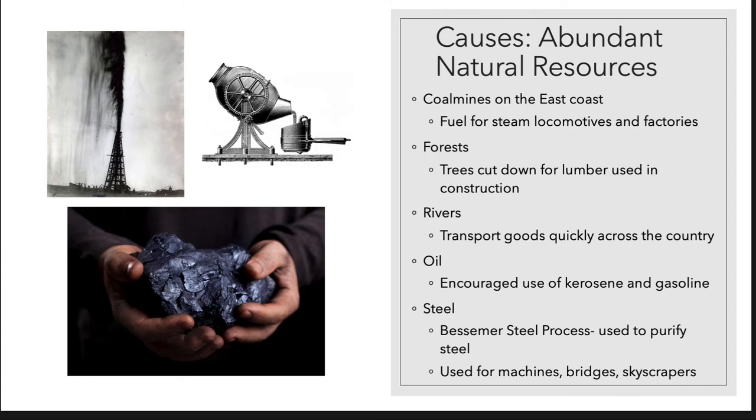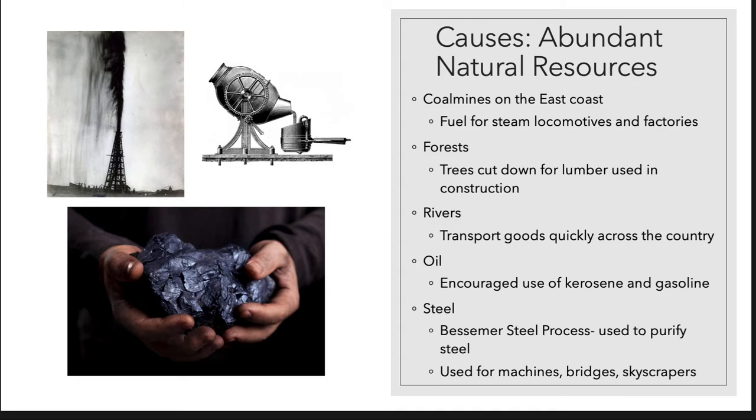The Bessemer steel process before the second industrial revolution in the United States had been monumental in Europe, but once that process, used to purify and mass produce steel, comes to the United States, it makes steel cheaper.